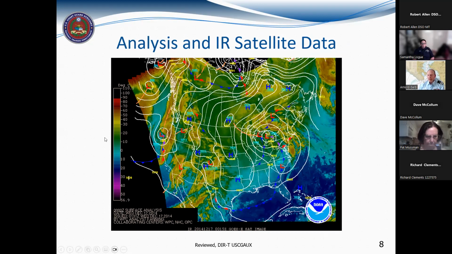And finally, this is the same analysis as we had seen initially, but now overlaid with satellite data. And the brown and yellow colored areas are clouds that are mostly cirrus clouds. And then over the Great Plains, you have extensive low clouds, which are pseudo-colored in green.